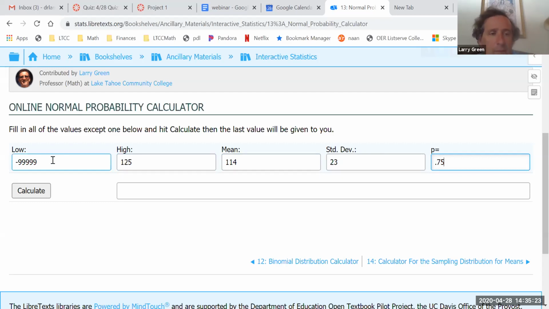Well, we don't know the number, so we don't know the high. Being below the number means you can go all the way down to negative infinity or just negative 999, and I want the high. So I leave the high blank, and then I hit calculate, and that gives me 129.51.